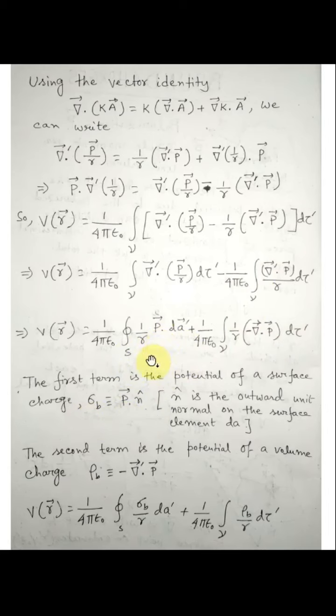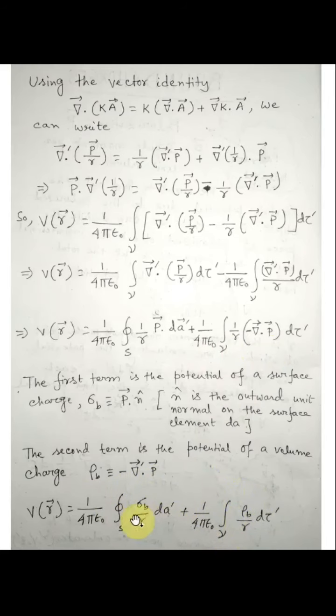Here this n cap is the outward unit normal on the surface of the element dA, right? So here this sigma b, we can write p vector dot n cap, and the first term becomes like this. You can see sigma b by r dA prime, and the second term is the potential of a volume charge which is rho b, that is minus divergence p, and you can see this is the form.